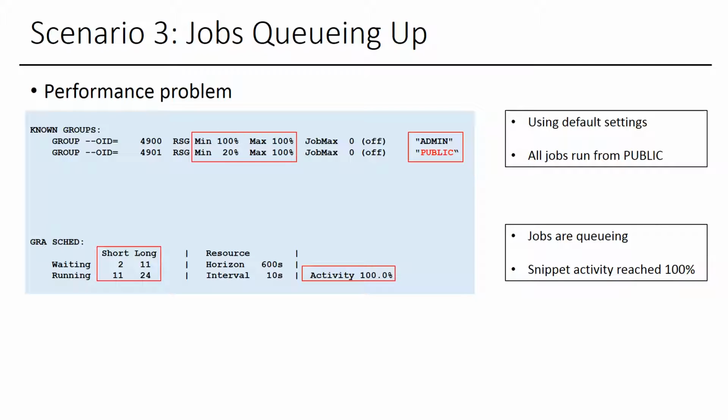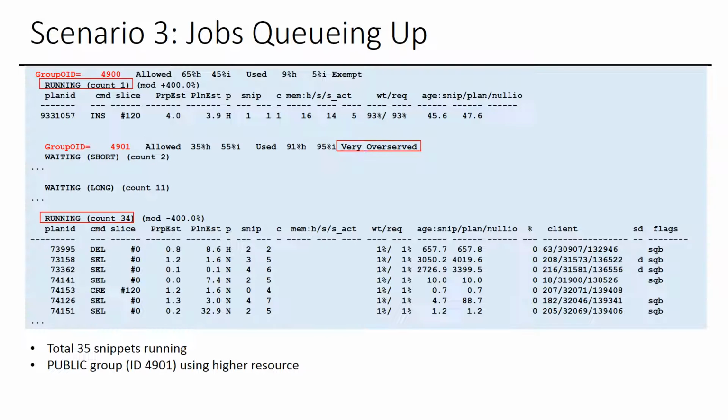The GRS sketch shows jobs are piling up and not getting completed. 13 jobs are waiting and 35 running, with the activity level reaching 100%. Let's drill down a bit in the snippet sketch section. What is running now? Out of 35 running snippets, 1 is from the admin group and 34 from public.